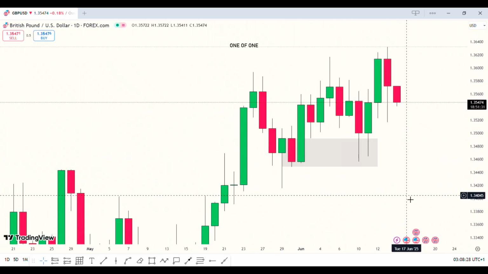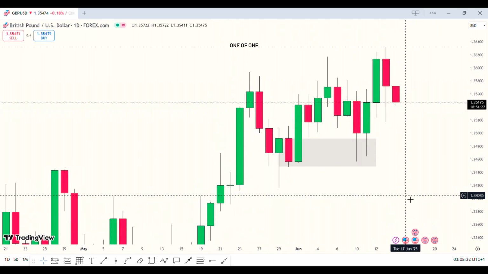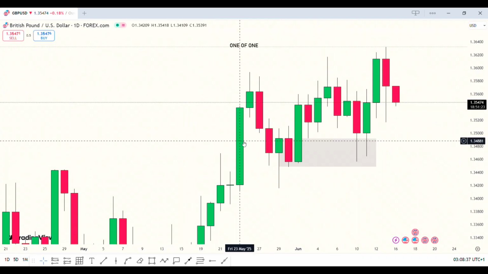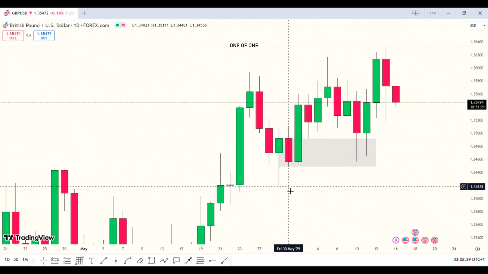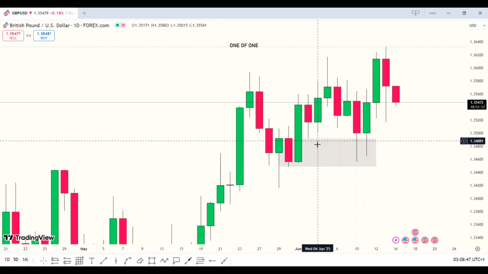What I want us to do is simple. On this time frame, this is the daily time frame, we want to look for any available valid single price POI that is in line with the zone.